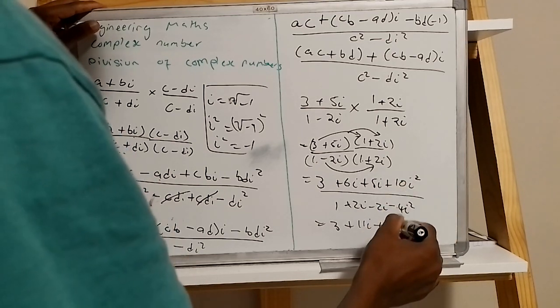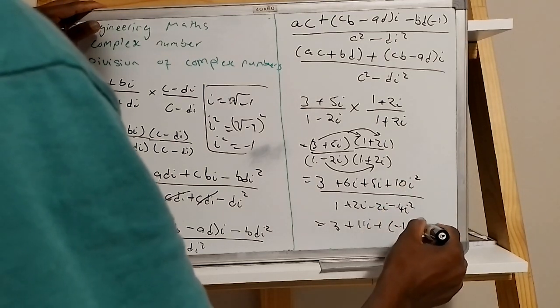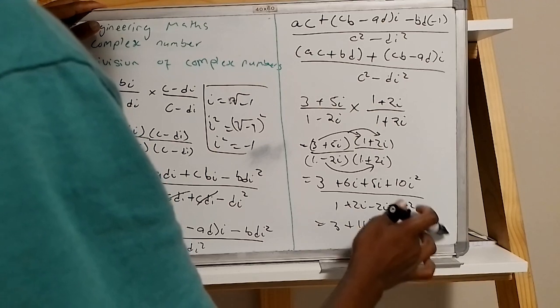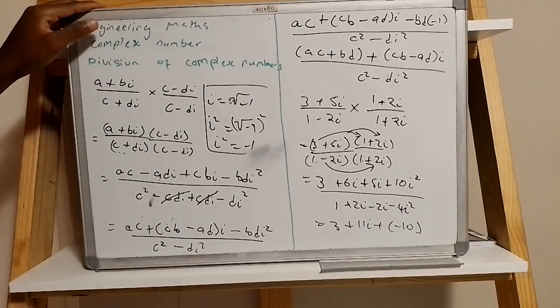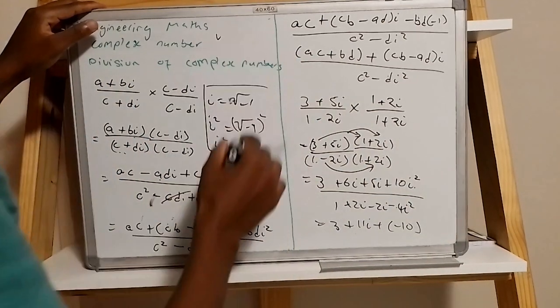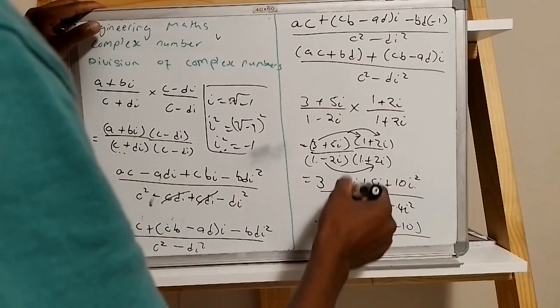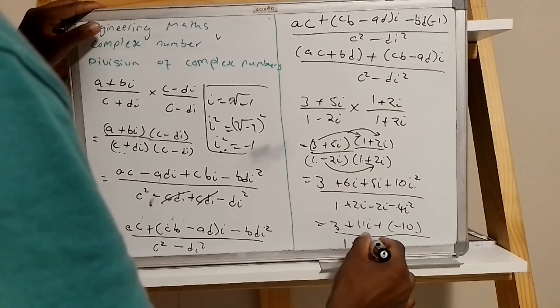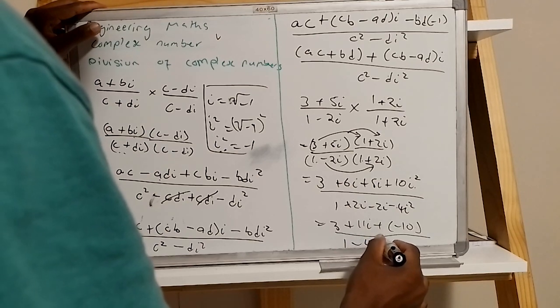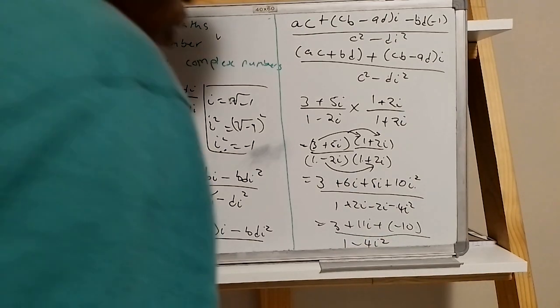This is going to be times minus 10, actually minus 10, because this comes from this point. Over 1 minus 4i squared.